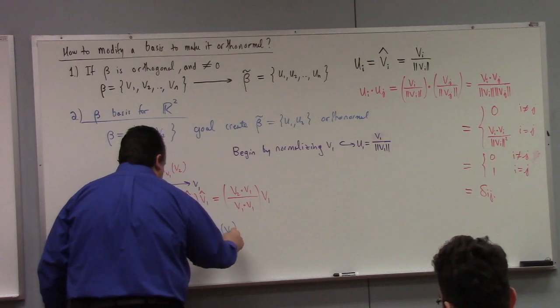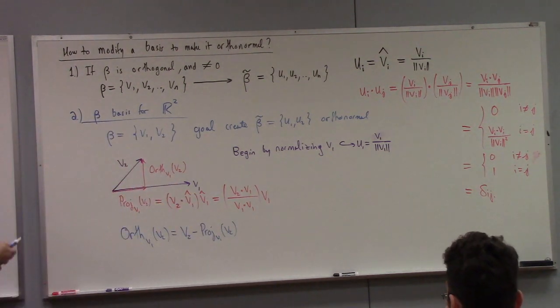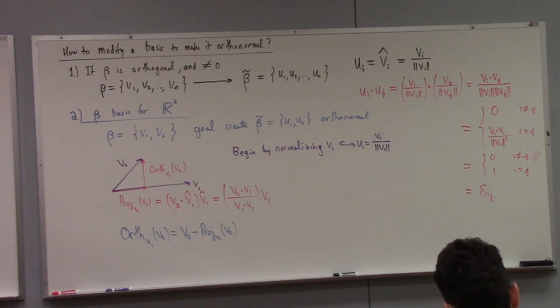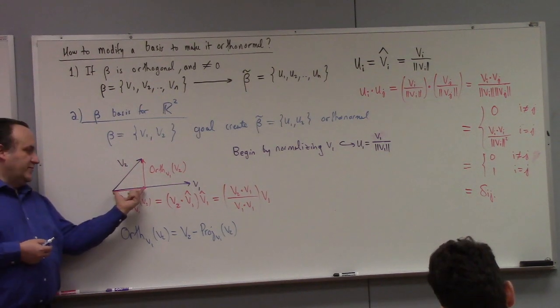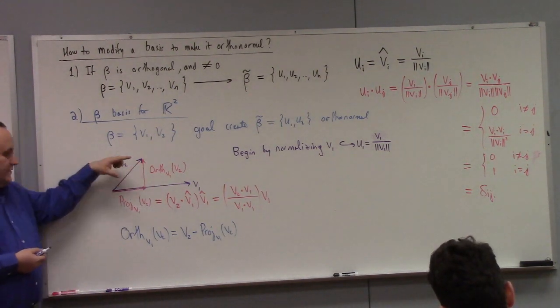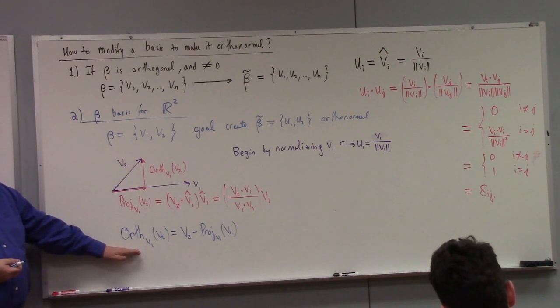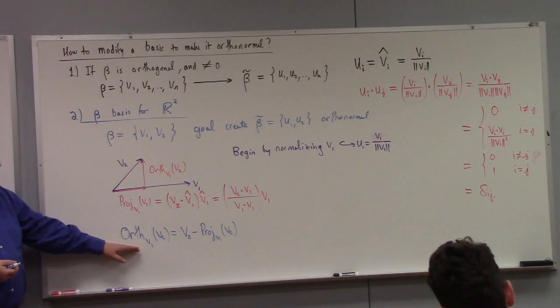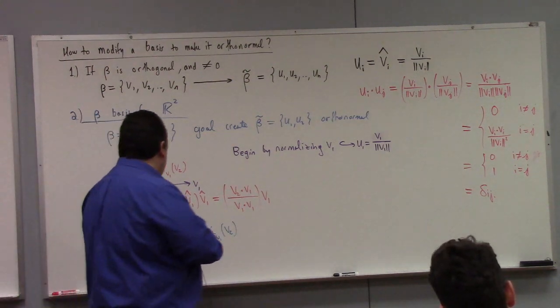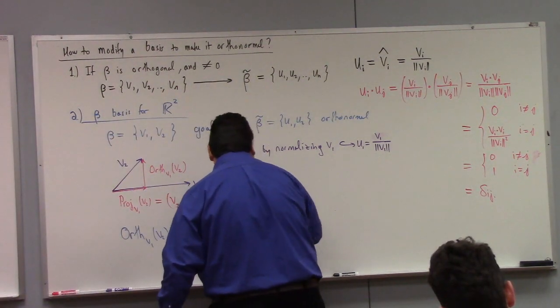So what that does is it subtracts off the piece of v2 which is parallel to v1. That's the idea here. Of course, you can see this in terms of vector addition, right? The projection plus the orthogonal projection is equal to v2. So you can understand this formula by tip-to-tail vector addition geometrically.